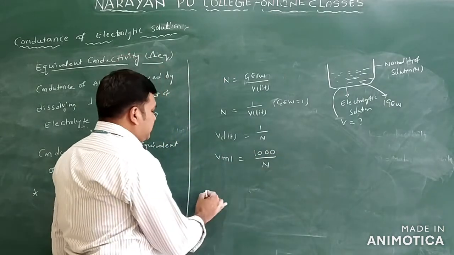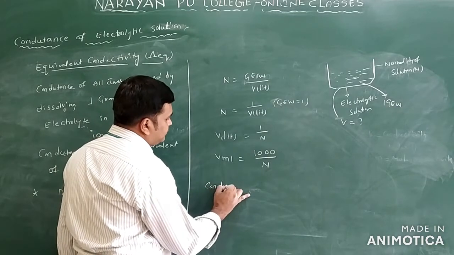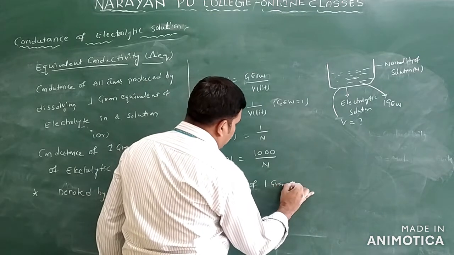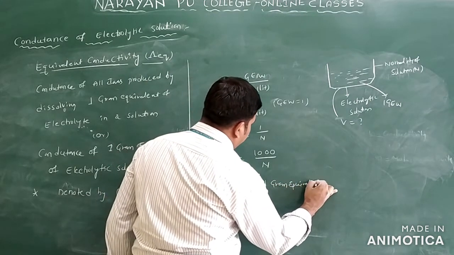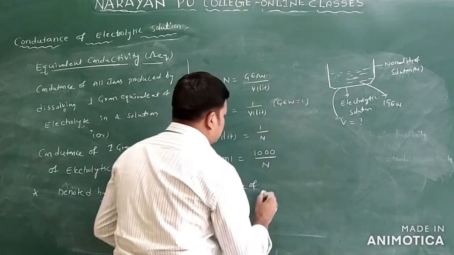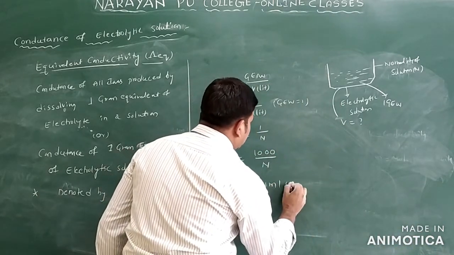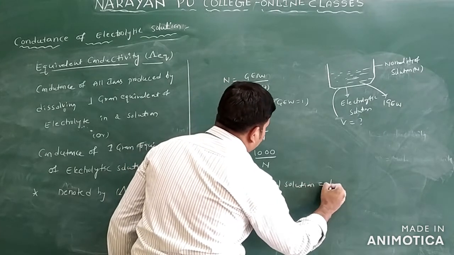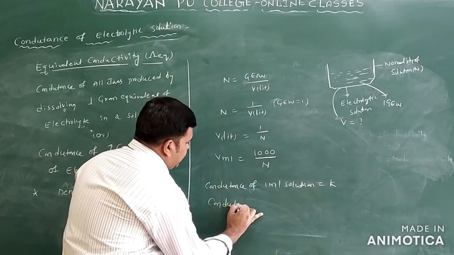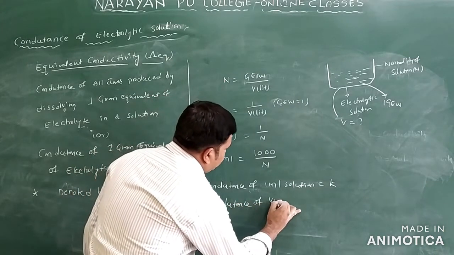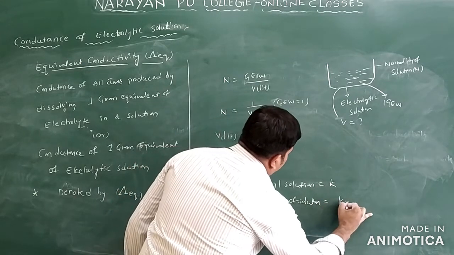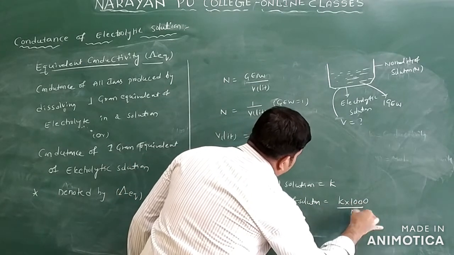So from this, the conductance of 1 ml solution is equal to K only. Here how much we have? V ml only. So I will write the conductance of V ml of the solution is equal to K into 1000 by N only.